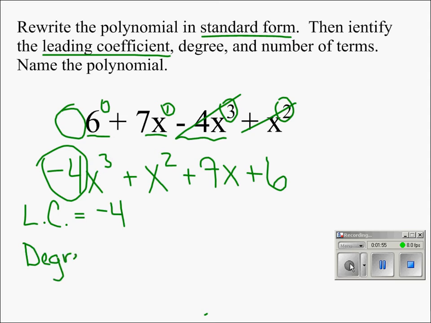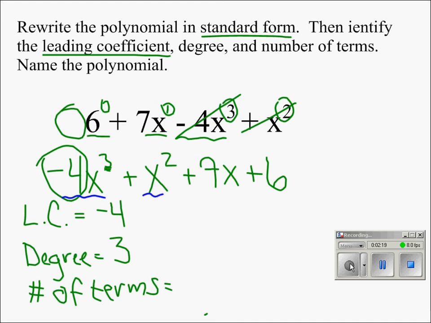Degree. Remember in a polynomial, the degree is always whatever the highest exponent is. So our highest exponent was 3. So our degree is 3. And number of terms, the number of terms is how many monomials you have, or how many little groupings do you have. So we have 1, 2, 3, 4.